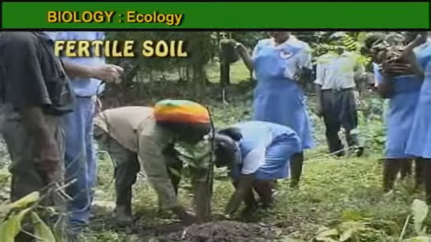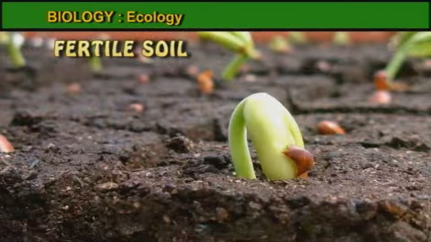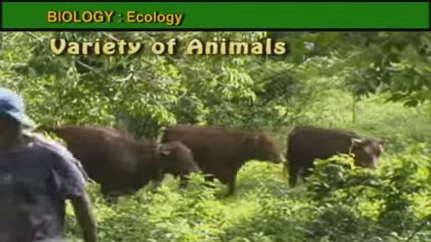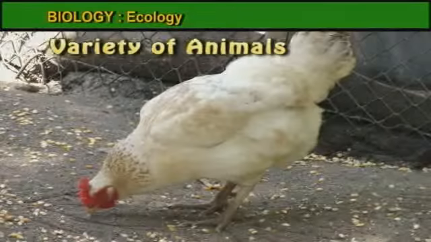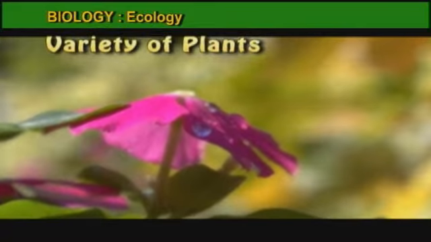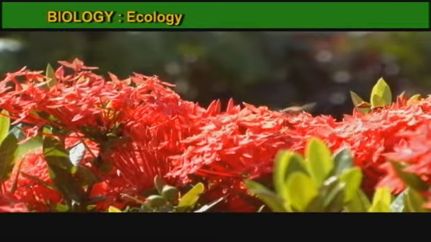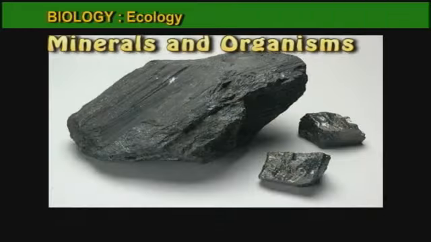The farm will have a special type of soil, one that is very fertile in order to enhance growth of plants. There will be a variety of animals like cows, goats, and chickens. A variety of plants, and a special type of soil with rocks, minerals, and the remains of dead organisms.